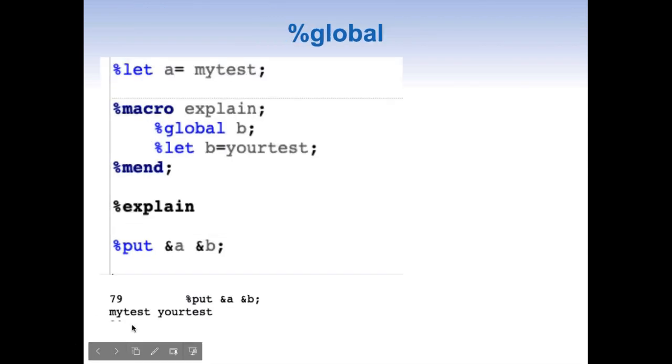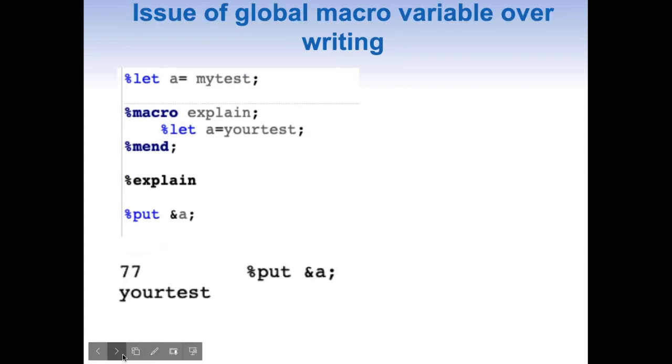And if you see in here, when we execute this particular %put statement, you can see that the value of macro variable here is your test. Means this value has overwritten this value, because we can access only a global macro variable outside, and this is a local macro variable and this has overwritten this.